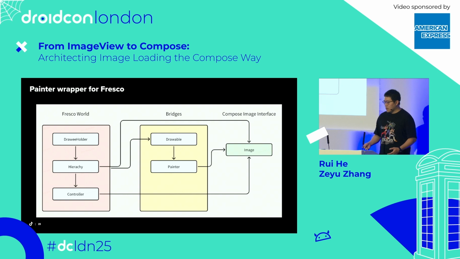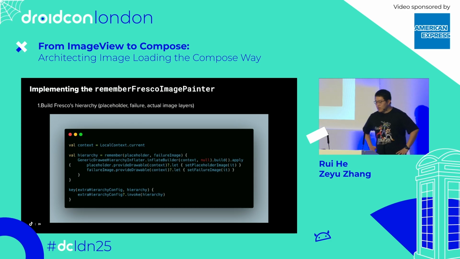Also, one very important thing is the API design. How do we still maintain the full Fresco capability while making our new Fresco image composable true to Compose, which means expressive and easy to use, just like the original Compose Image composable? So let's get started step by step.